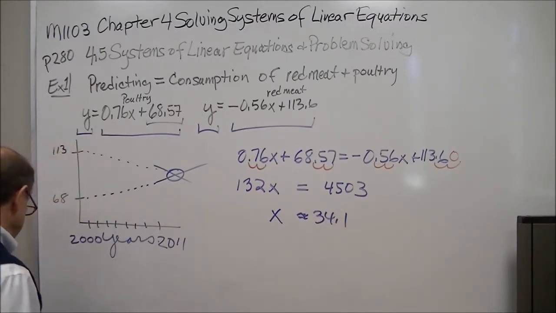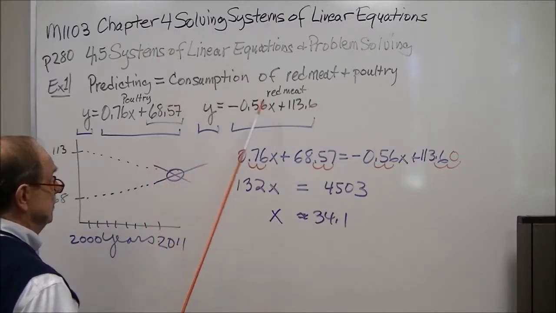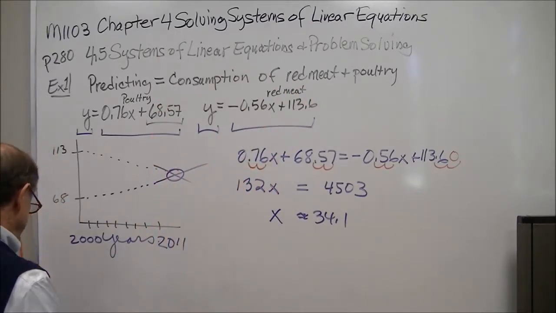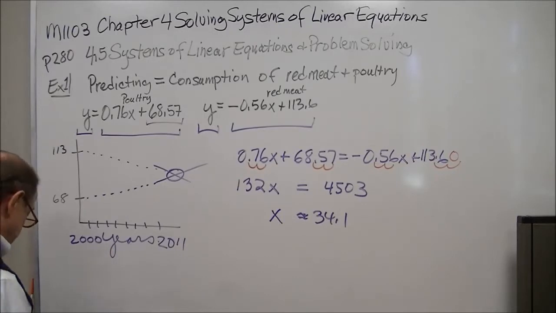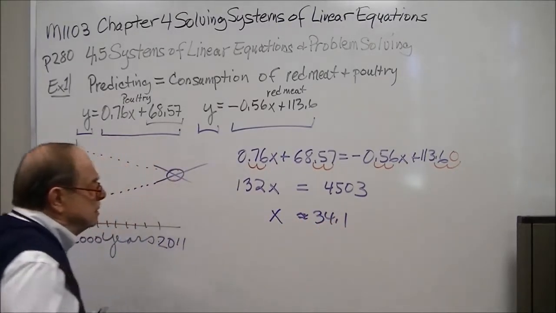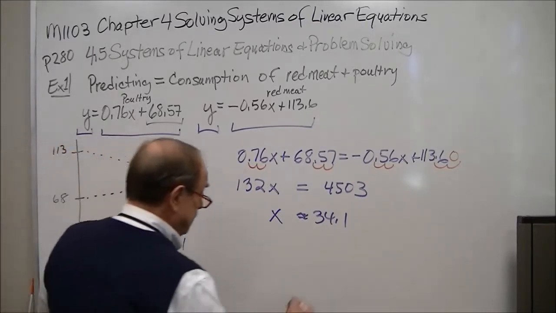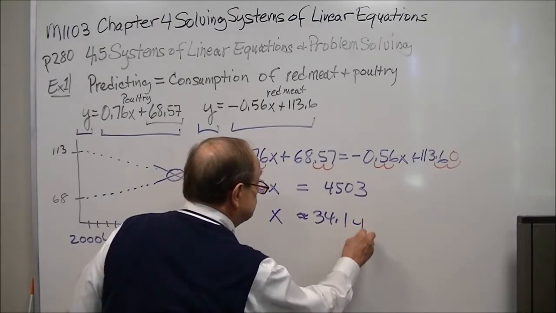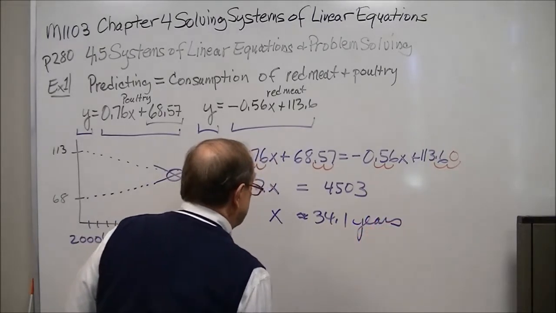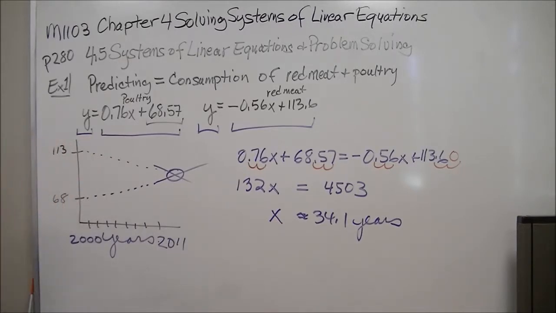So now what we have to do is determine, well, what's the answer? When will the consumption of red meat and poultry coincide? And actually, this is real data, by the way. We're not making this up. And we got x equals 34, but what does that mean? Well, remember, this is 34 years, and that's an approximation, rounding it off to the nearest whole year.